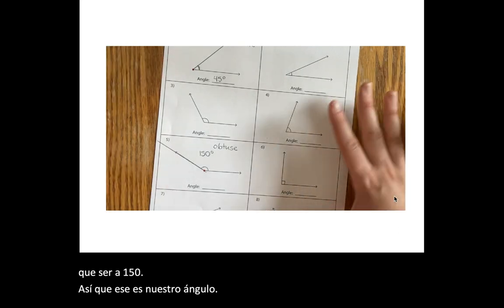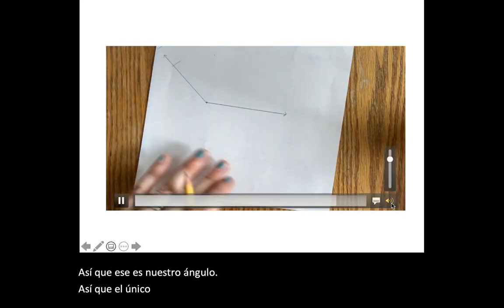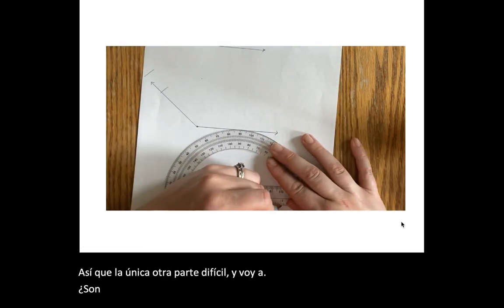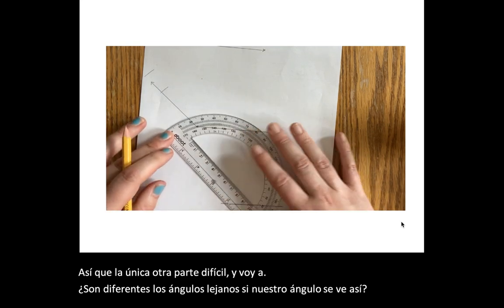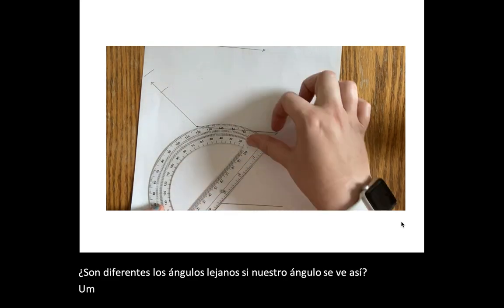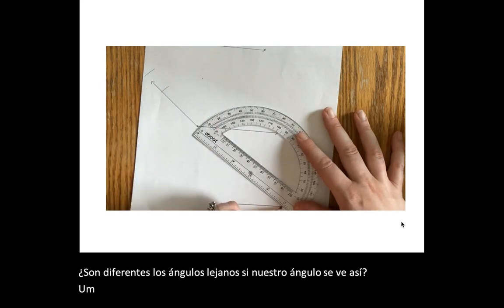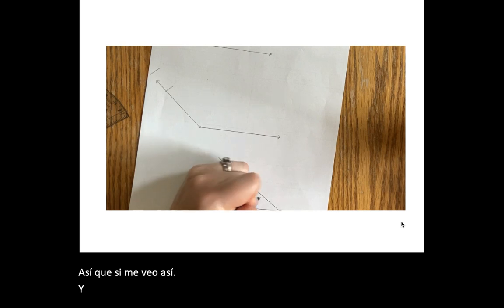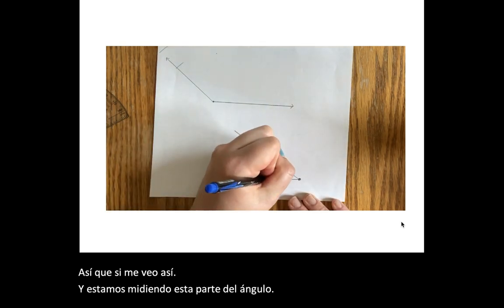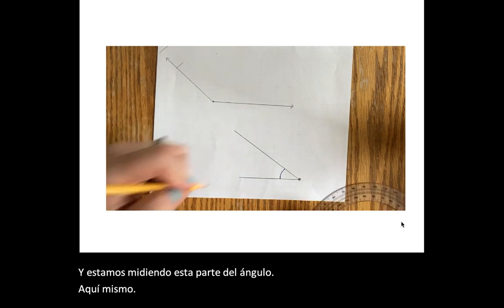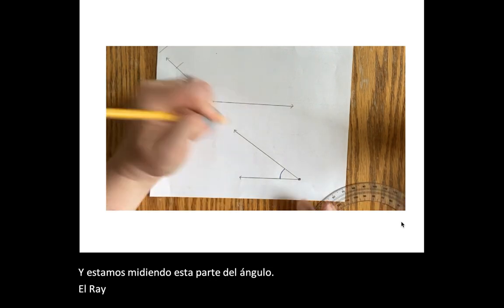So the only other tricky part is if our angle looked different, if our angle looked like this. So if our angle looks like this, and we are measuring this part of the angle right here, the bottom ray is right here, and that's my second ray.